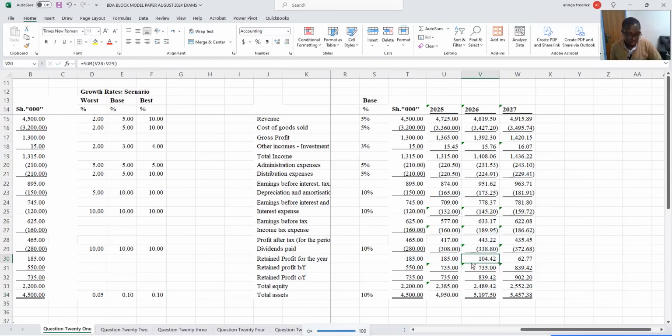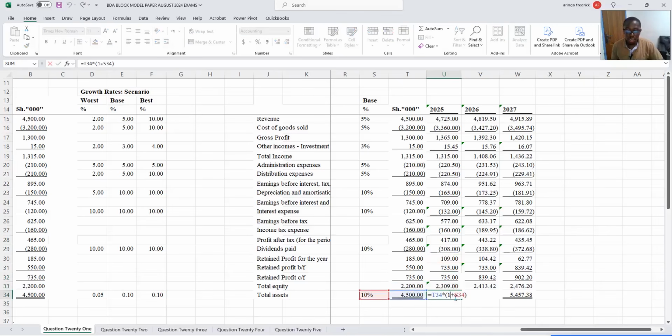Where in this case, summation will be how much? Summation will be that value. So I should be having our retained profit be that, which is total equity.